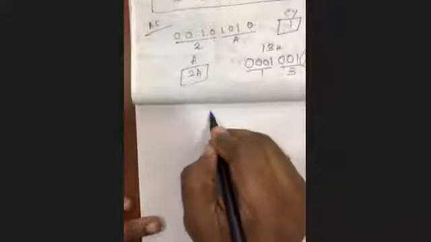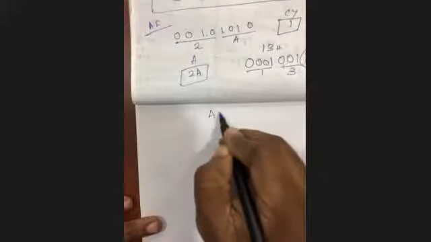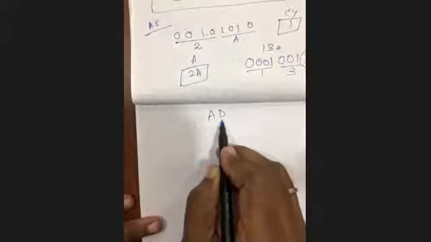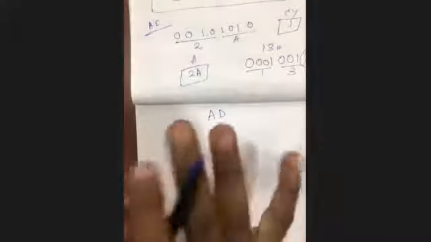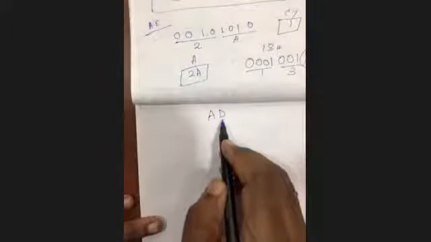Yes, sir. You can find out any odd number. Like say there is a number AD. Sir, how can I assume this is odd? What do you mean by D? Sir, 13.